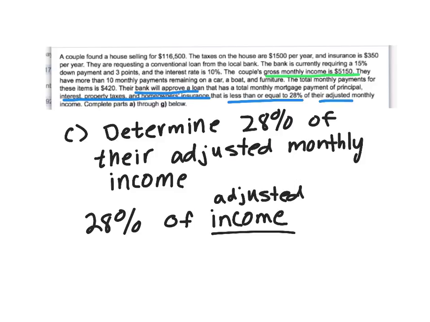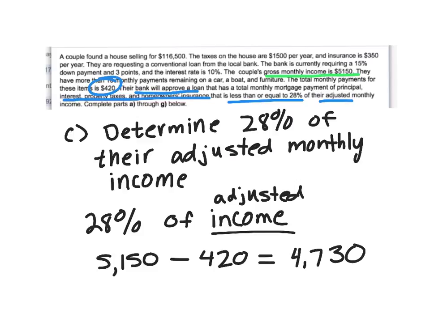So that means that we're going to need to take that gross monthly income, so that $5,150, and we are going to need to subtract out the $420 that it tells us in the problem they pay for their car, their boat, and their furniture.